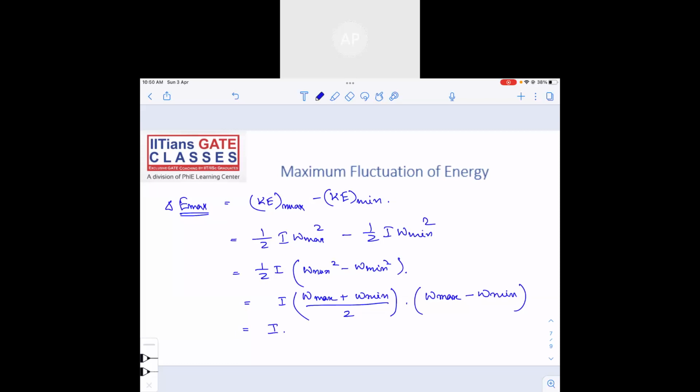Omega max plus omega min divided by 2 is omega mean, so I'm simply writing it as omega, into omega max minus omega min.